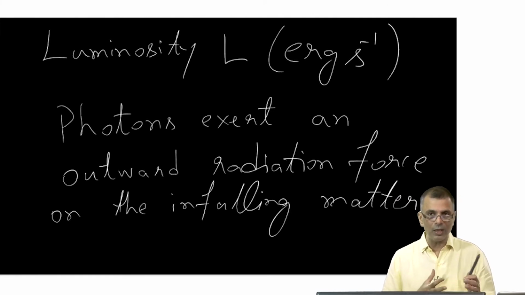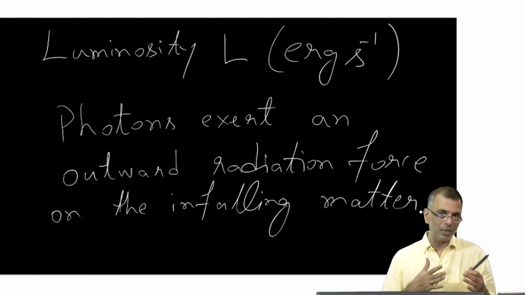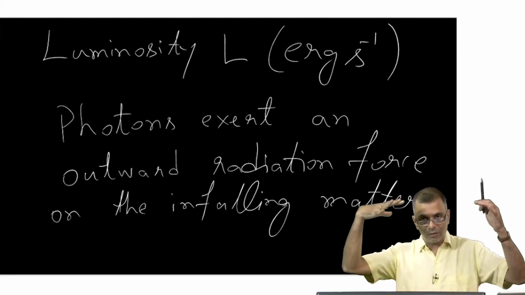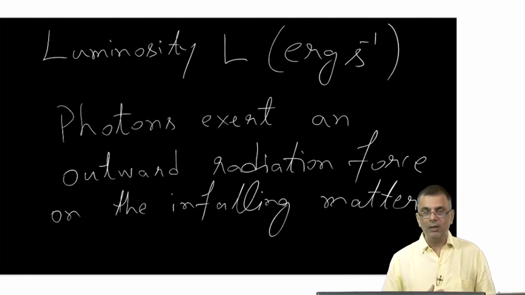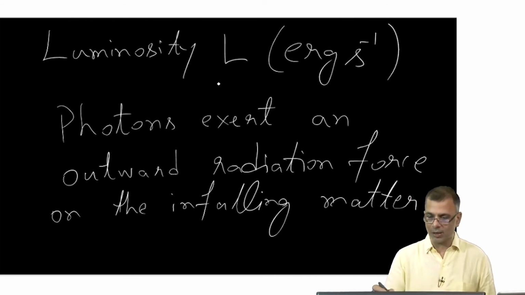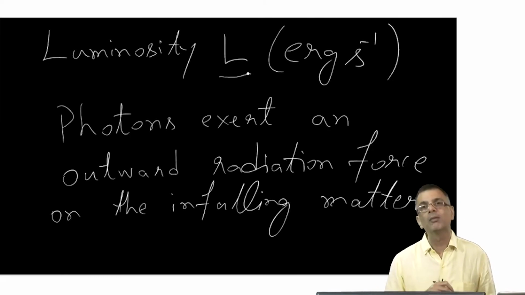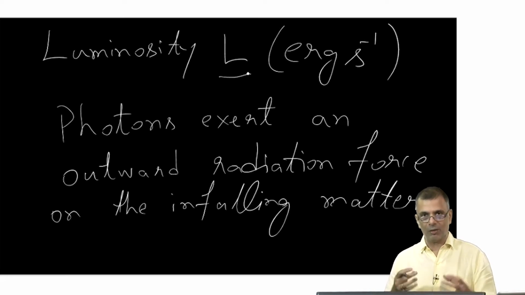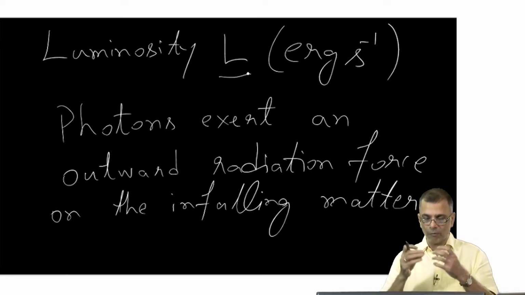Either shear viscosity, which is relevant to accretion disks, or bulk viscosity, which is relevant to spherical accretion. That's the only way you can extract. You can heat up the matter. Remember, viscosity is a dissipative mechanism. So you heat up the matter, and when matter gets hot, it emits photons, and that results in luminosity. But the rub is that the object becomes luminous, it emits photons.